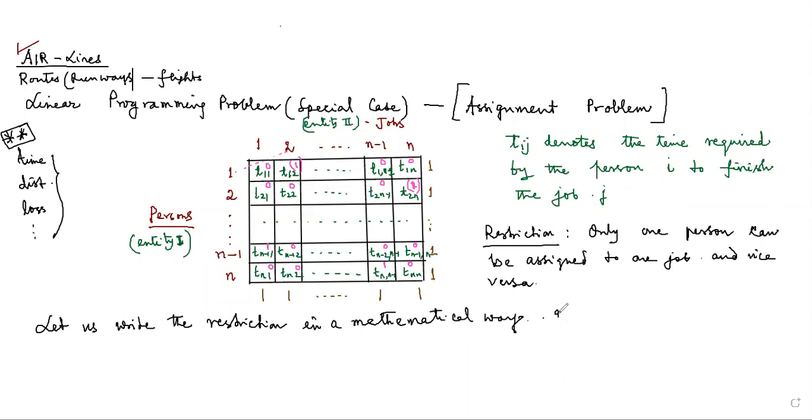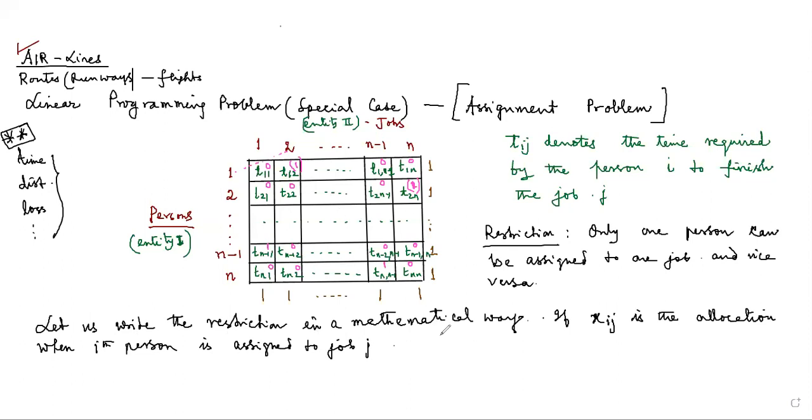Now, if I say Xij is the allocation when the ith person is assigned to job j.